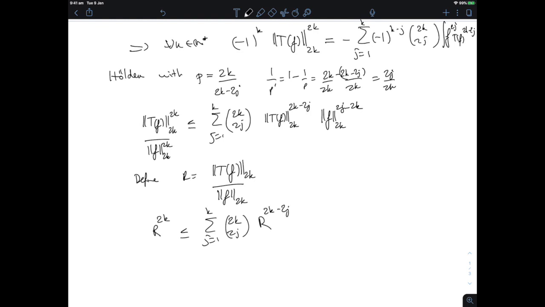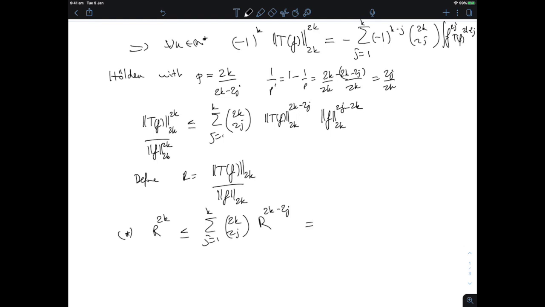Now we need to show that R is bounded by something independent of f, right? Because that will exactly tell us already that our map T, and therefore our map P, is bounded on L^{2k}. But notice that this will follow from what we have here in star, because this can be computed.